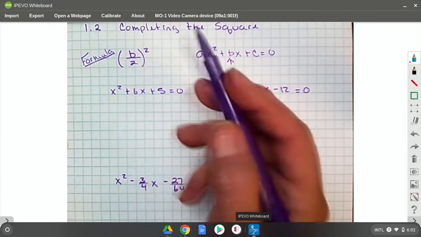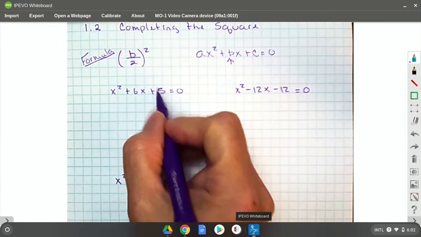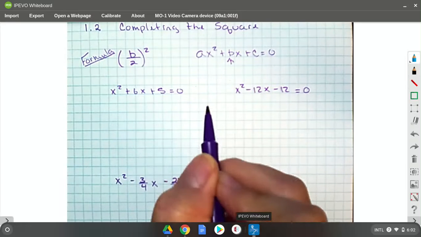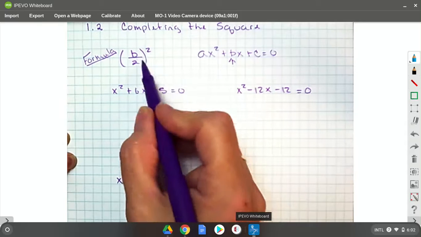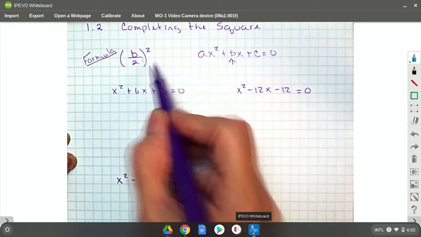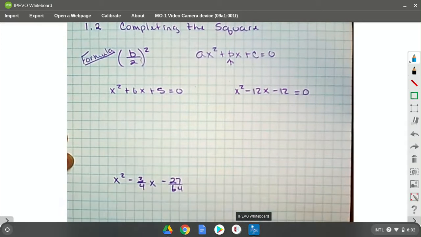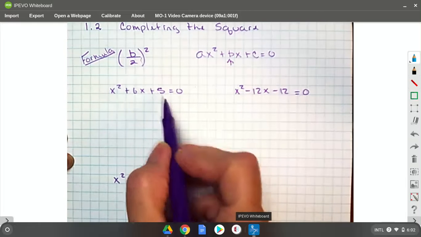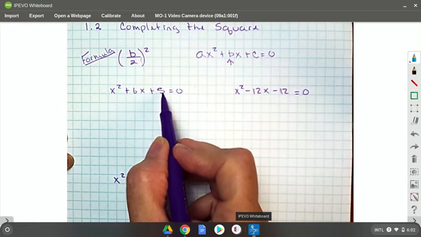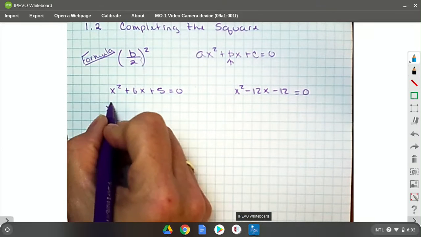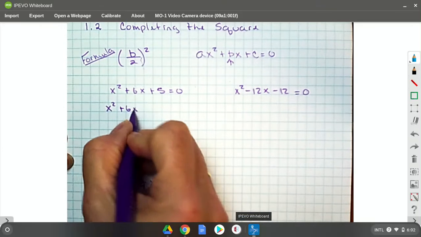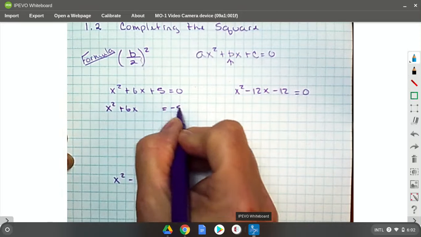First of all, we're going to get rid of our c. We're going to replace it with a new c, because what we're trying to create with this is a trinomial square. Remember, we talked about them: first and last terms are squares. So we're going to get rid of the 5 because it's not a square. So I'm going to say x squared plus 6x equals negative 5.